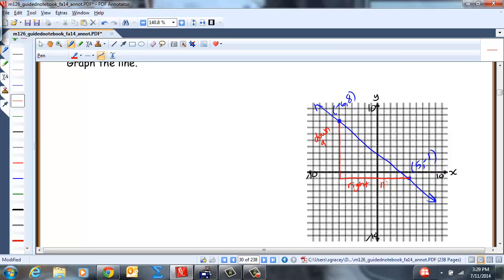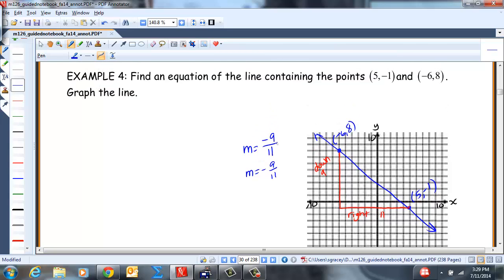So the slope using the graph is down 9, we do -9, right 11 is +11, so the slope is -9/11. Or if you prefer to use the equation, you would just say m equals 8 minus -1 over -6 minus 5. The slope will be 9 over -11, which is just -9/11.